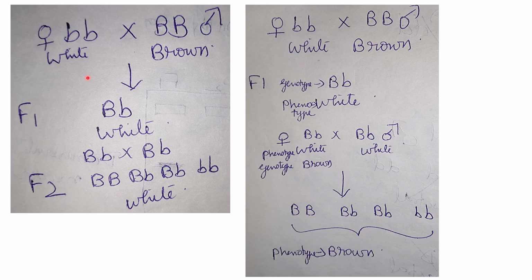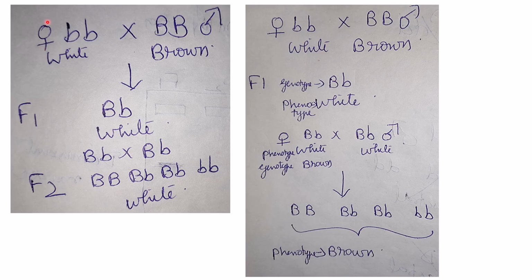That is, the mitochondria will be obtained from the cytoplasm of the egg, whereas the father's sperm doesn't contribute any mitochondria to the offspring. So the cytoplasm will always be of maternal nature, not paternal. So based on the cytoplasm, the phenotype of the offspring will be determined. That is in the case of maternal inheritance.